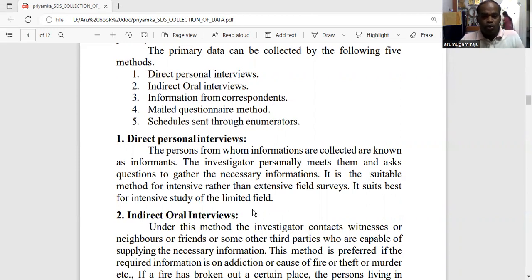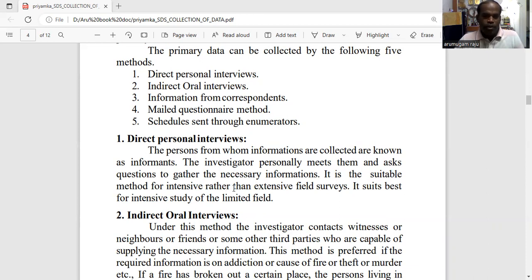It is the suitable method for intensive rather than extensive field study or field survey. It suits best for intensive study of limited fields. So this is direct personal interviews.